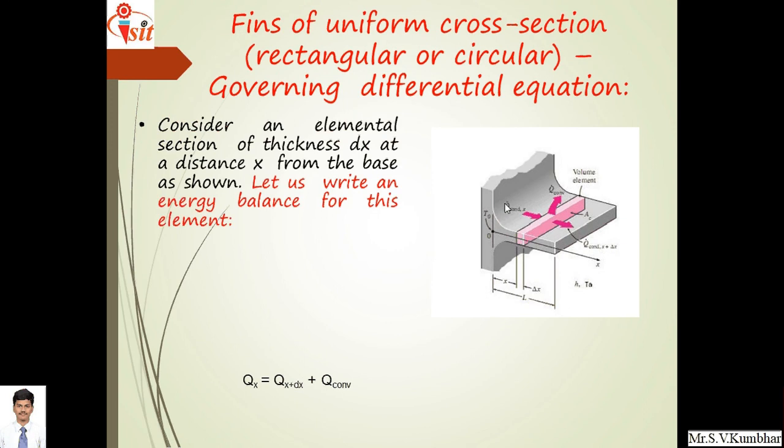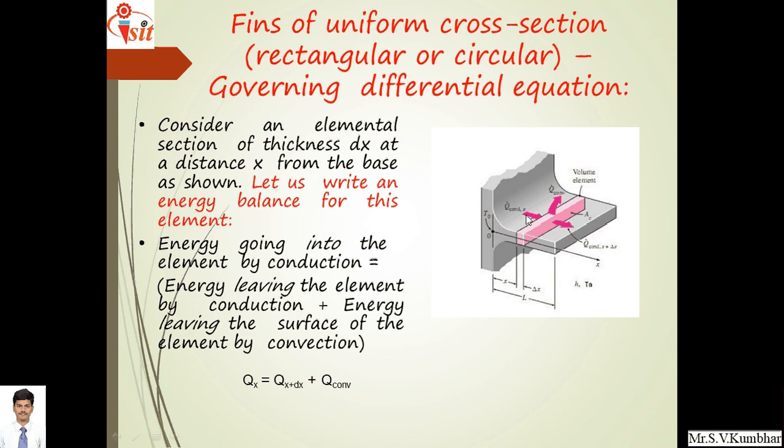Now consider an elemental section of thickness dx at a distance of x from the base as shown in the figure. This is the fin. We will consider only the fin element dx. T0 is the base temperature, L is the length of the fin, W is the width, T is the thickness. Now let us write an energy balance equation for this red colored element.